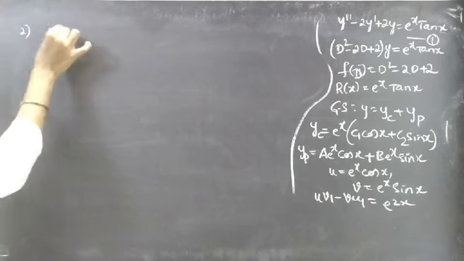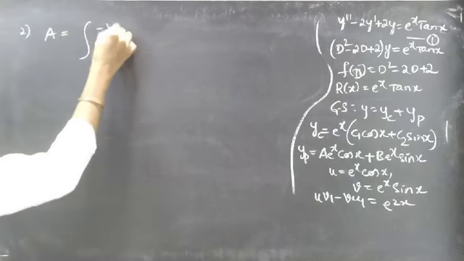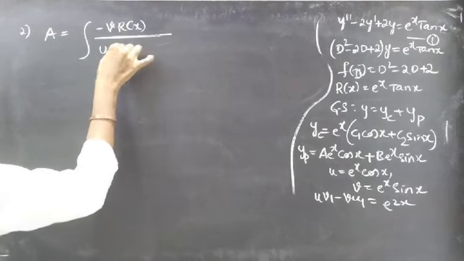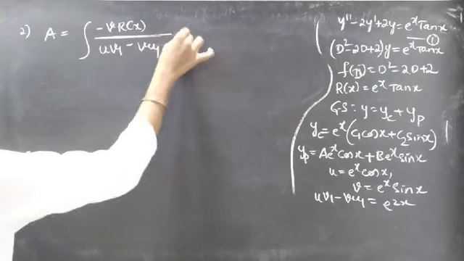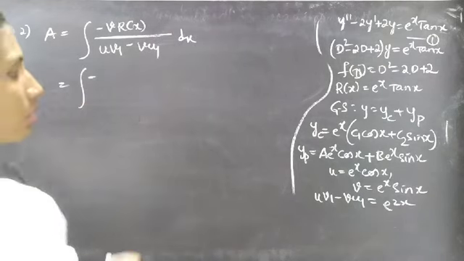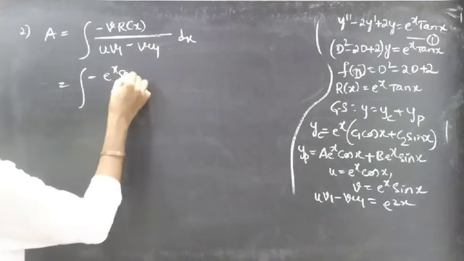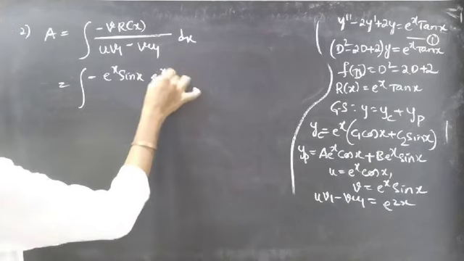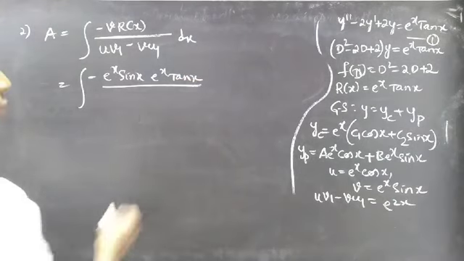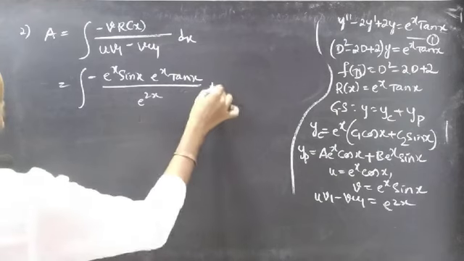Now let's find a using the formula integral minus v into r of x by uv1 minus vu1 into dx. This is equal to integral minus v, v is e power x sin x, into u, e power x tan x, by uv1 minus vu1, which is e power 2x, into dx.